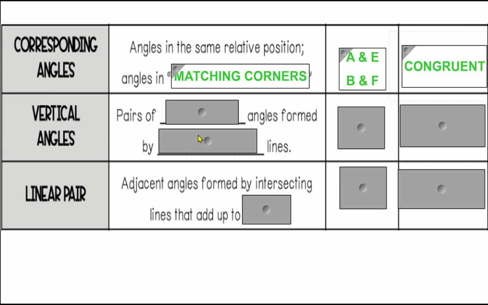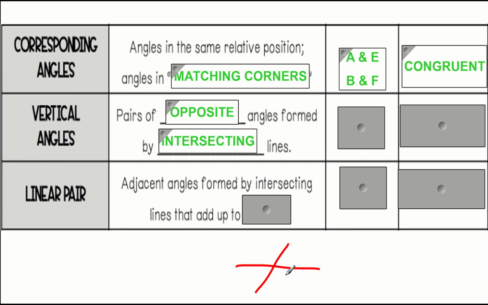Vertical angles. Pairs of opposite angles formed by intersecting lines. Now, that maybe sounds a little confusing, but basically what we end up with when we have our parallel lines and transversals, we got pretty much like two X's, right?